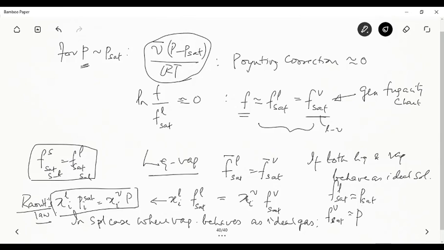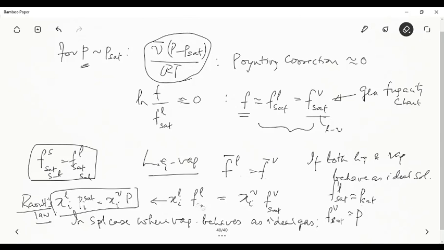Whereas for the vapor mixture, the F of the vapor, FL is equal to FV in the mixture. The mixture condition is not the same as the saturation.